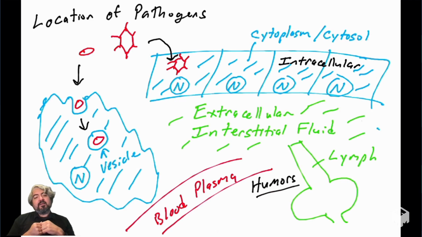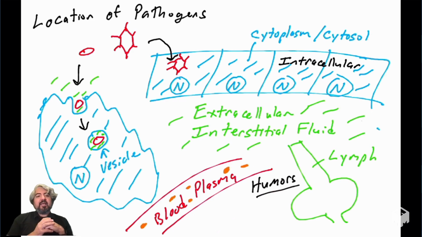You'll notice that the bacteria that was engulfed by this macrophage is not in the cytosol, it's in a vesicle, right? That vesicle originated from the extracellular or interstitial fluid. So when things are taken in via vesicles, they actually originate from that interstitial fluid. So the vesicular system and the cytosol contain different substances.